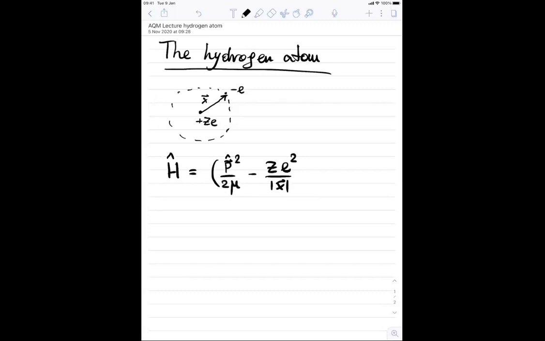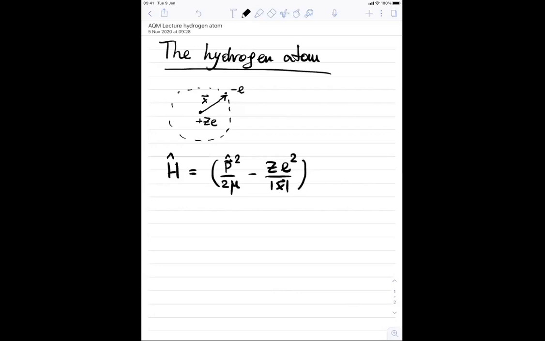Z is the charge of the nucleus, which could be 1 if it is a single proton, 2 if it is 2 protons, okay? So we can treat more complicated, but single electron hydrogen-like atoms. Good. Now, we have to solve the associated time-independent Schrödinger problem.